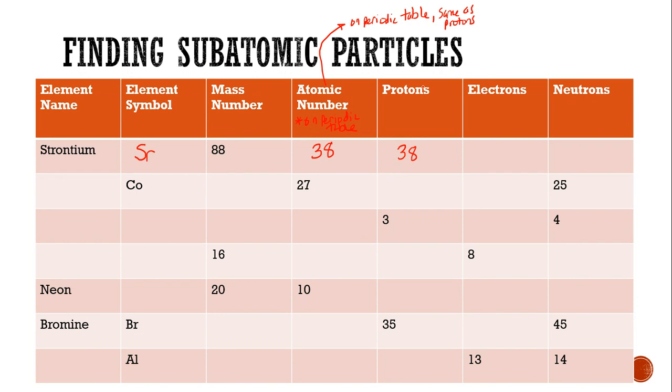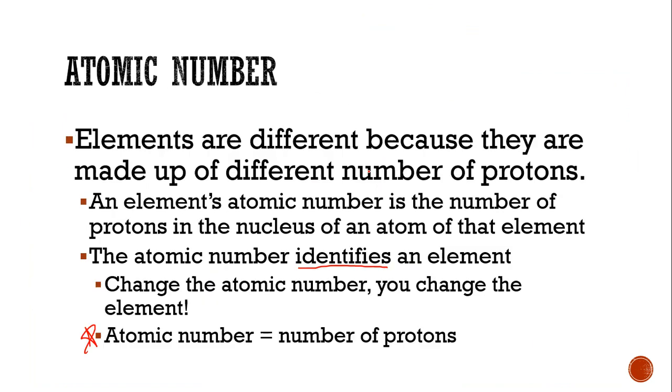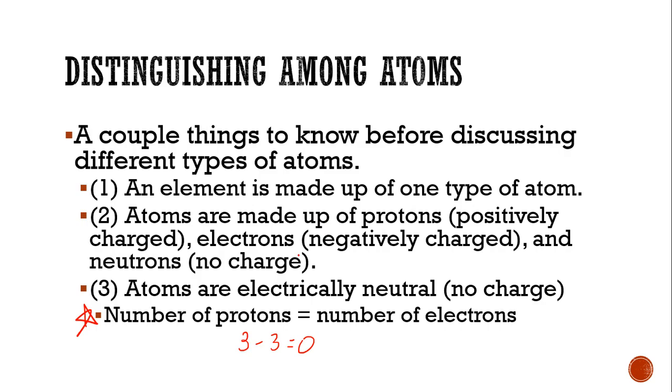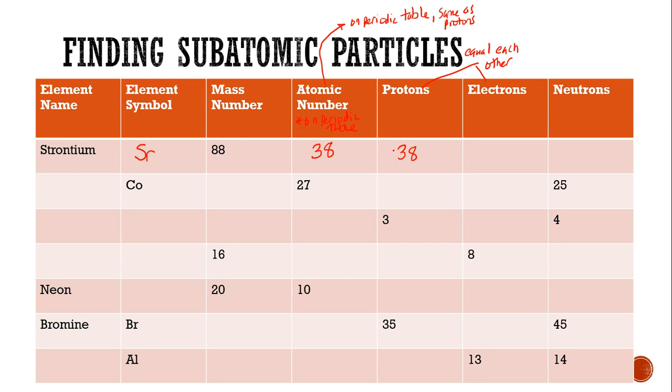Now, the other thing we have to know is that protons and electrons equal each other. And this was starred in your notes on the very first slide. Protons equal the number of electrons, which means if my protons was 38, my electrons would also have to be 38. And that brings us back to neutrons.